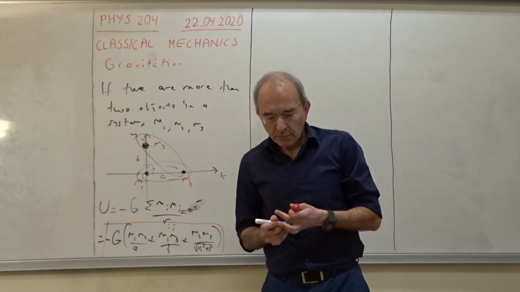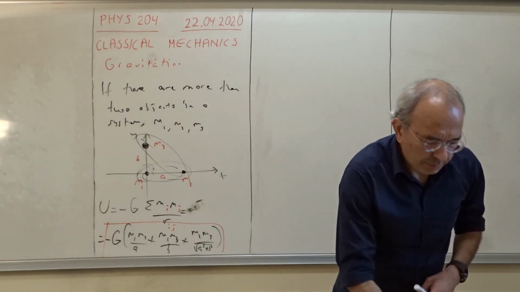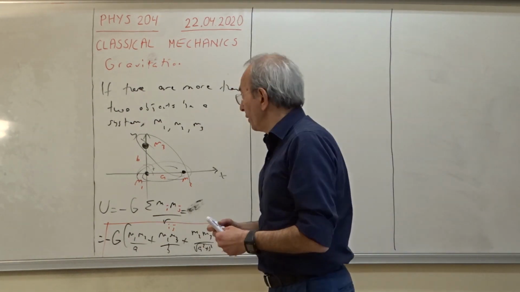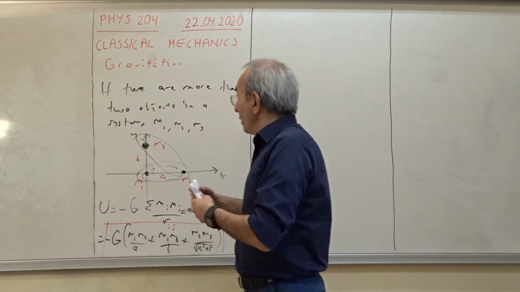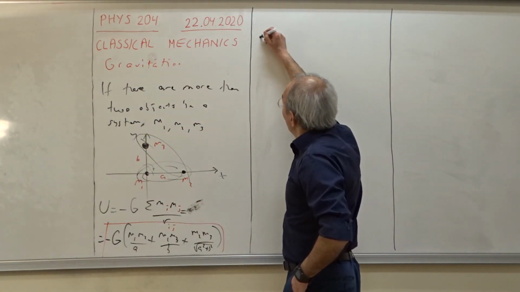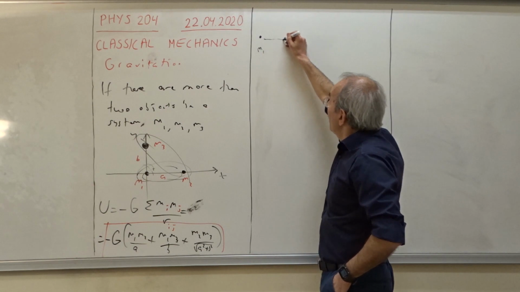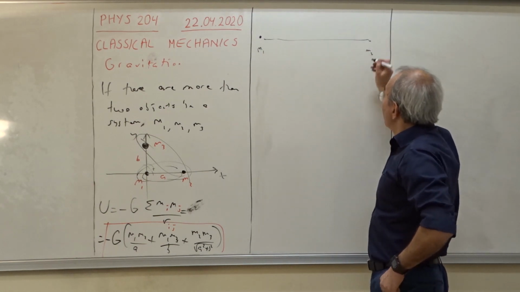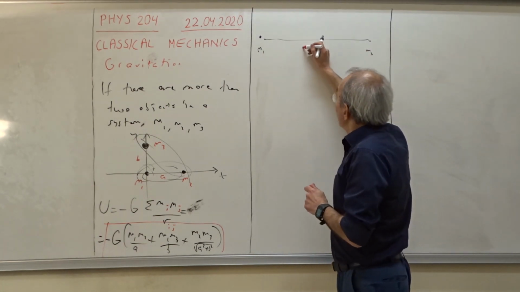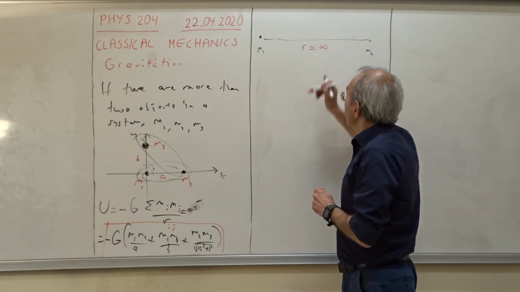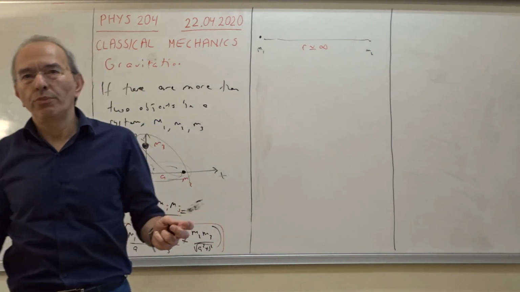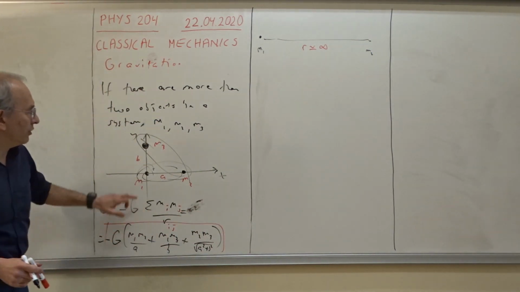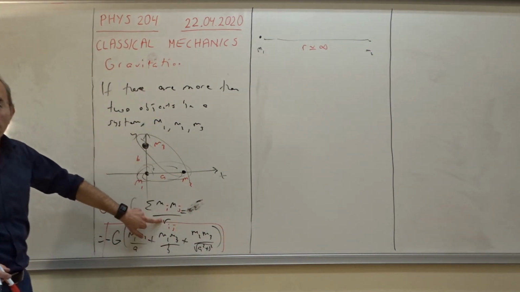Next, let's have another example, but before that let's consider the case of infinitely far away masses. For example, if you have an object here, M1, and an object there, M2, R is approximately infinitely far away, then this system has almost no potential energy, obviously, because of the denominator of infinity.